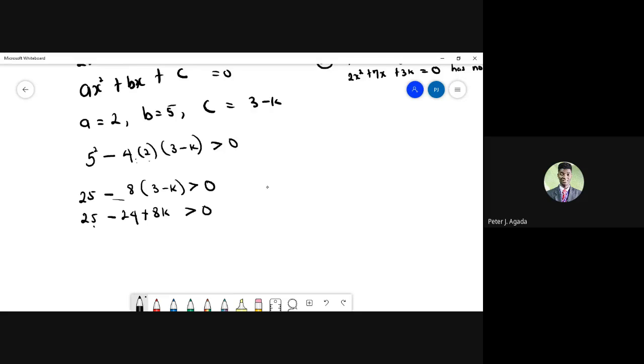So let's take both of these numbers to the other side of the equation to determine our value of k. So we can have here 25 minus 24, that is 1. 1 plus 8k should be greater than 0.